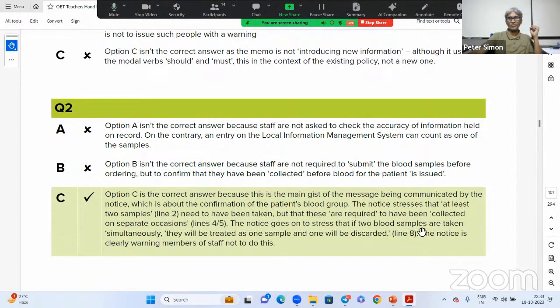If 2 blood samples are taken simultaneously, they will be treated as 1 sample and 1 will be thrown, discarded, put in the garbage bin. The notice is clearly warning members of the staff, don't do this, because even if you do, we are going to throw it off, dispose of it, discard it. So don't do it, it's a warning.